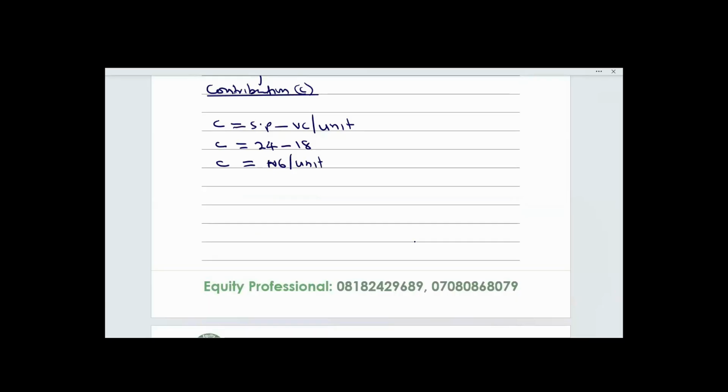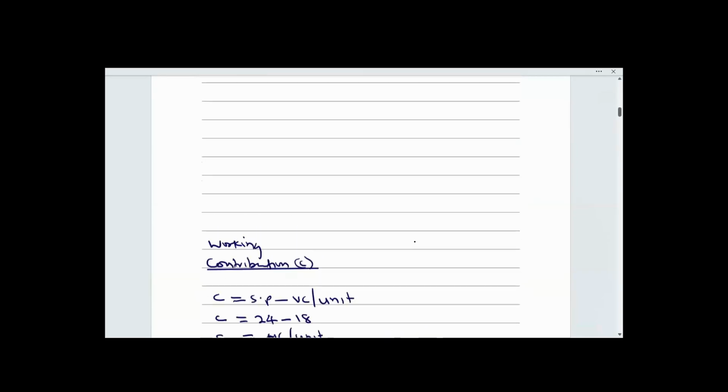Then total contribution will be equal to contribution per unit multiplied by the units sold. So 6 naira multiplied by 240,000 units. What do you have here? 1,440,000.